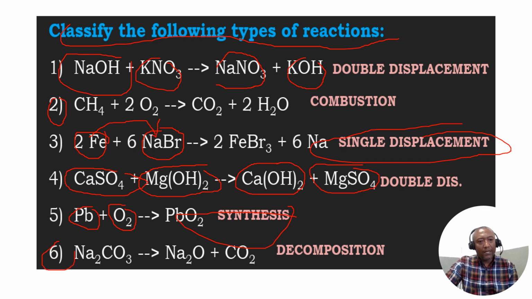Number 6, you have sodium carbonate, and it is dissociated and forms acidic anhydride and basic anhydride. So on the reactant side you have only one thing, and this one thing is converted into two. Due to this reason, it is decomposition type of reaction.